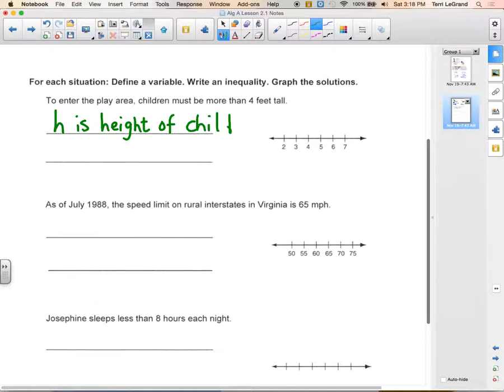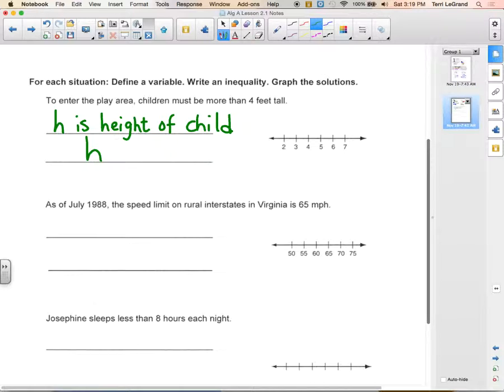So for the child, it's important that we know their height to know whether they can get into the play area or not. So h is height of child. So in our inequality where we use h, we're going to represent what children can get into that play area. Well, their height has to be more than 4 feet tall.